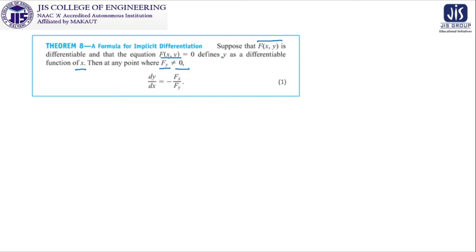Look at this, y is a differentiable function of x, meaning y is a function of a single variable, and that is why, when differentiation appears, we think of total differentiation, that is dy/dx. And here fx, f suffix x, is nothing but del f/del x, that means partial differentiation of f with respect to x, and fy is partial differentiation of f with respect to y.